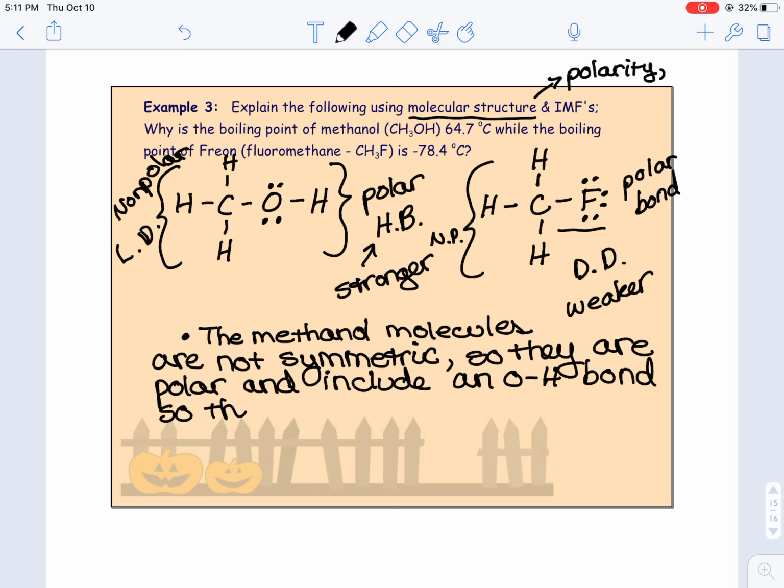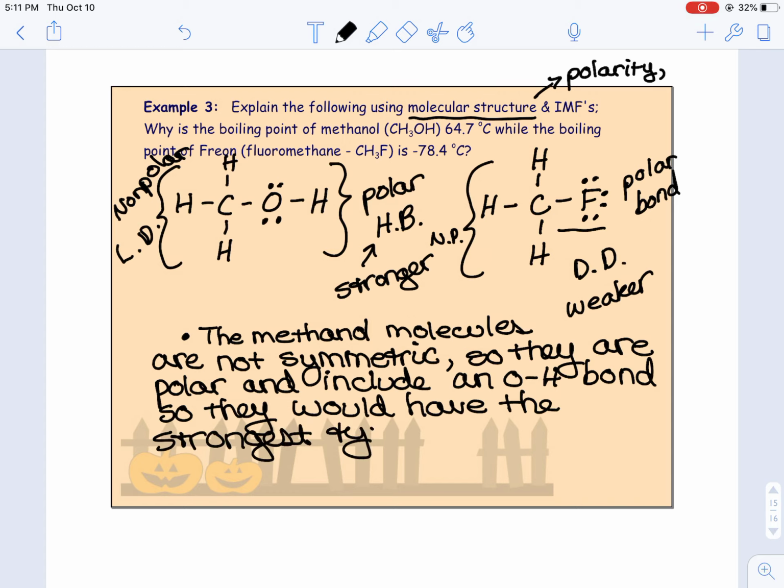So they would have the strongest type of intermolecular force between them, hydrogen bonding. The strongest type of IMF, hydrogen bonding.